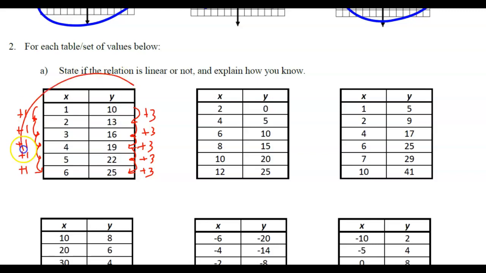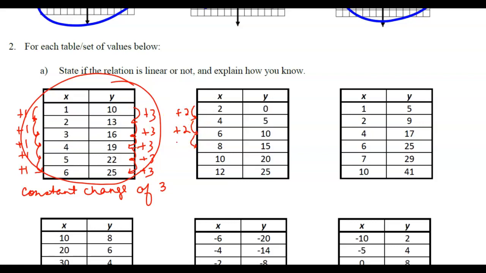So that is linear. Constant change. Okay, you can say of 3 for each increase of 1 in x. Okay, take a look at the next one. Put these little notes like I'm doing on your paper so you remember.